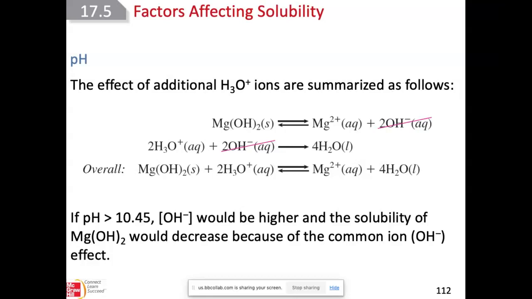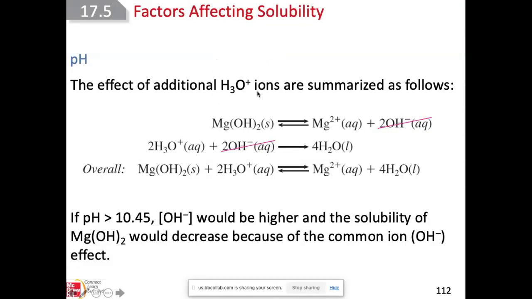So when you have H3O+, I'm adding acid to the solution of magnesium hydroxide.